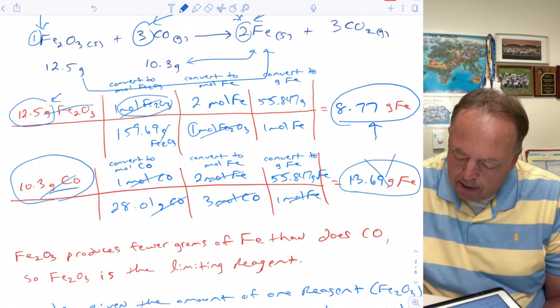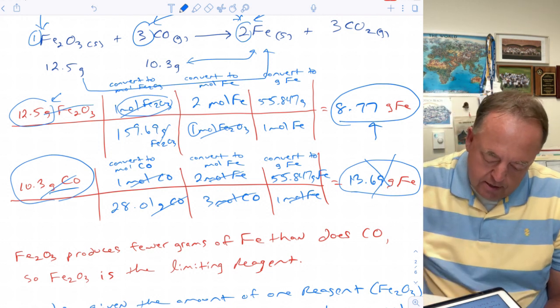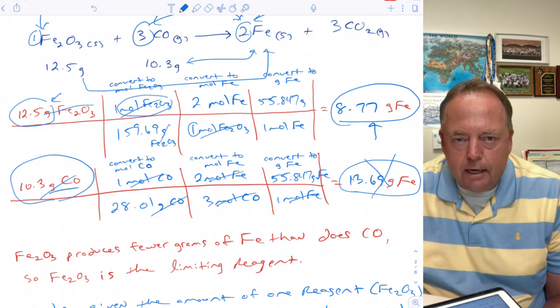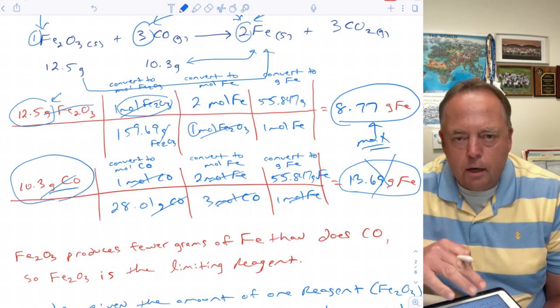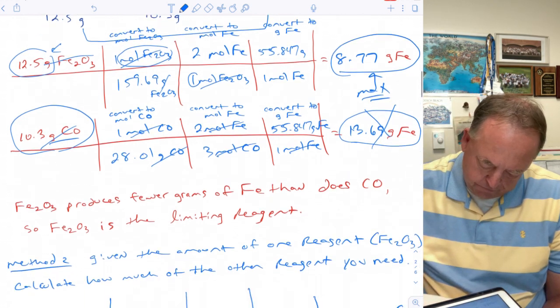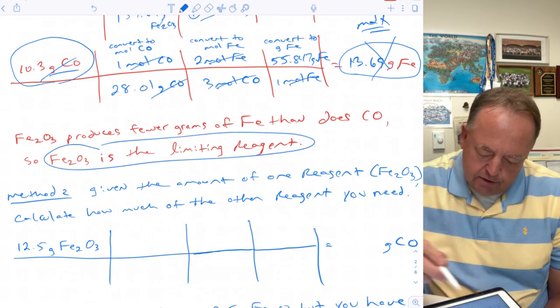So you cannot make 13.69 grams of iron. That basically means the iron 3 oxide is the limiting reagent. So that is the maximum amount of iron that you could make from these quantities of starting materials. Okay, so Fe2O3 is the limiting reagent.